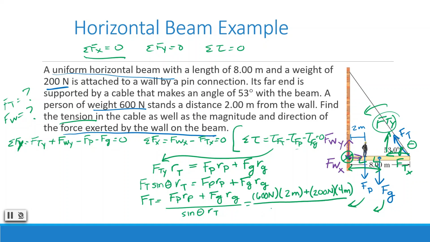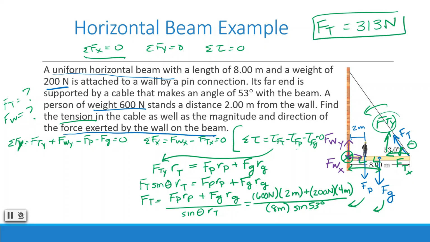R for the tension is the whole length of the beam, so that's 8 meters times sine of 53 degrees. I just switched those orders to make it easier to write. So if you plug that in, you get approximately 313 newtons for the force of tension.